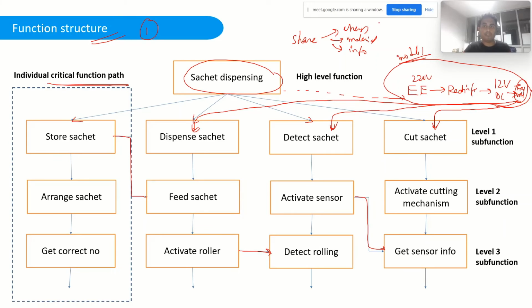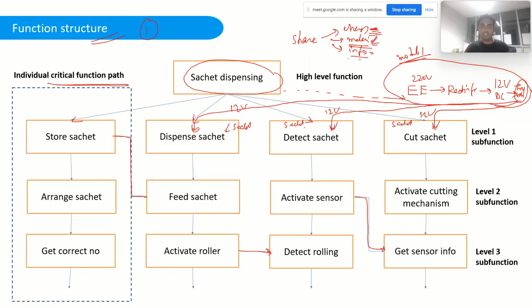Next we see the flow of energy, and how core units consider different energy inputs. They are sharing the same energy: 12 volt here, 12 volt here, 12 volt here. And they are sharing material: all are taking sachets, this is for dispensing, this is for detecting, and this is for cutting.